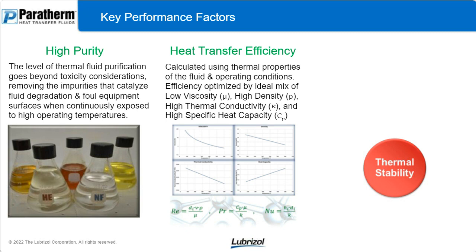So these are all properties that are really important. The higher the heat transfer efficiency, the more work that went into purposely designing a fluid that optimizes all of those data points and parameters across the intended temperature range of that fluid. So a superior fluid will have a higher heat transfer efficiency.